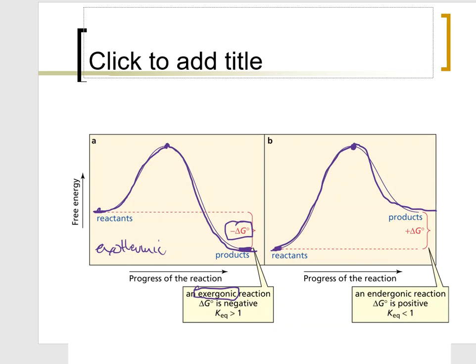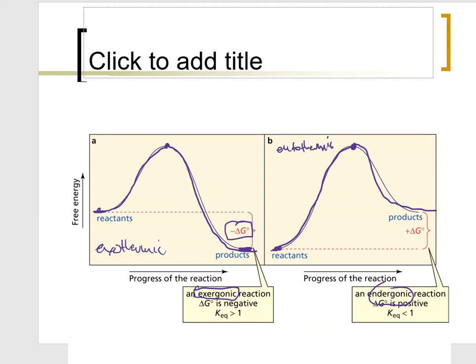And what we end up with here are products that are higher up than our reactants. So that means it required energy from us. The products on the very end are a little bit higher energy. It took some of the energy that we provided and kept it. It did not give it back out. And this is what we call endergonic, or in other words, endothermic.